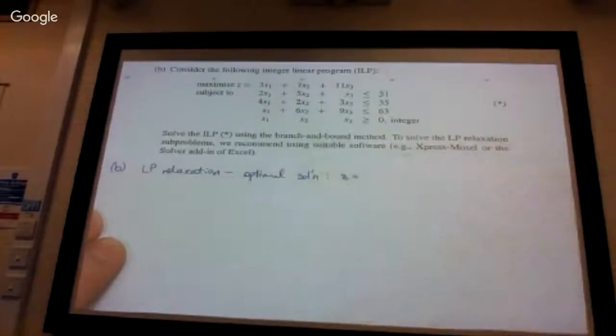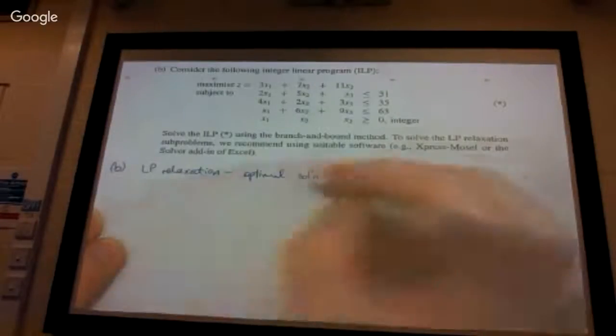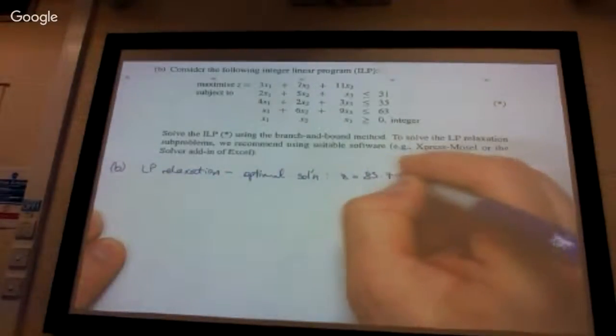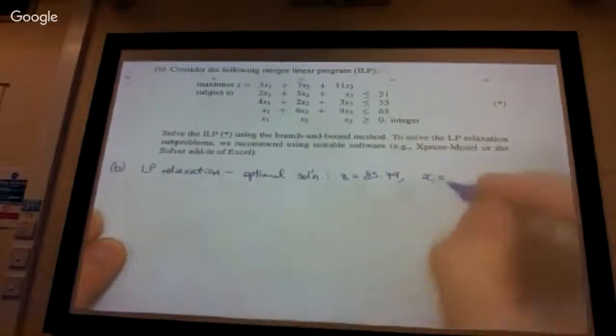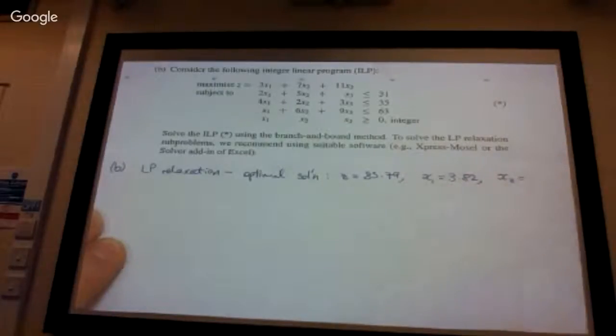The objective, ignoring the constraint that it should be integral, I get 83.79. X1 is 3.82. X2 is 0, and X3 I get 6.58.